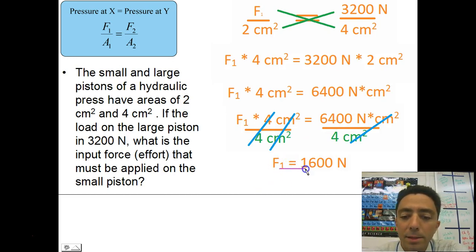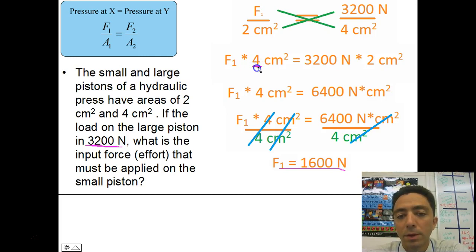I like that this is less than my large piston. Remember, my large piston was 3,200 newtons, so we've got a number that's less. The force is smaller, and we're talking about the small piston, so I like that force. I do not like the sig fig, so we have one more step. Remember, if we're multiplying or dividing, which we did both in this problem, we can only have as many sig figs as the least.